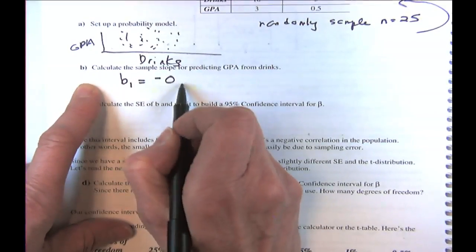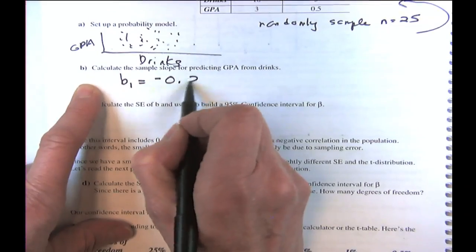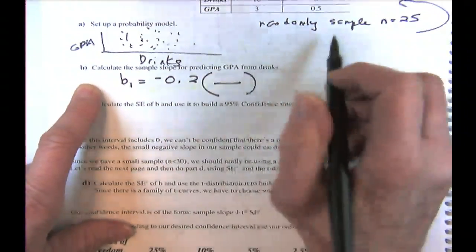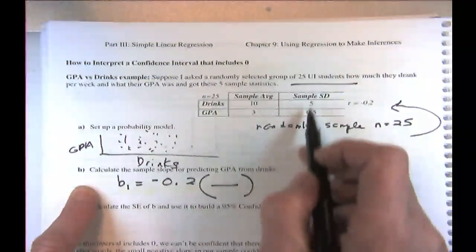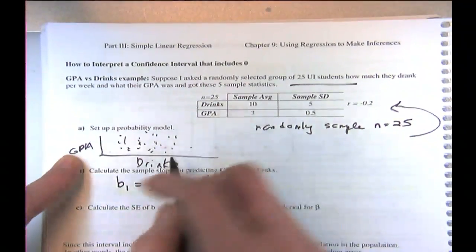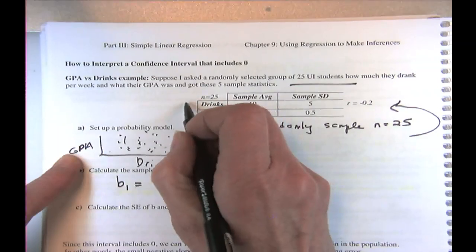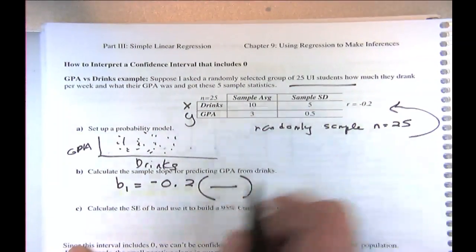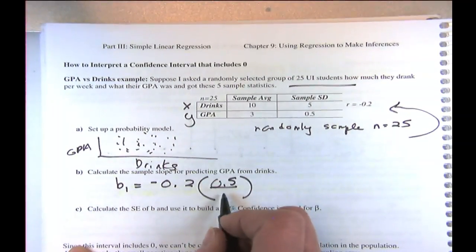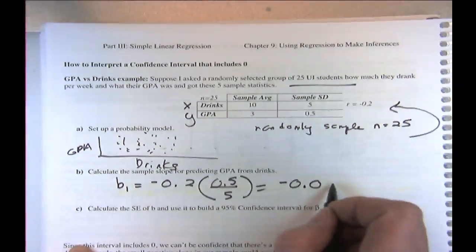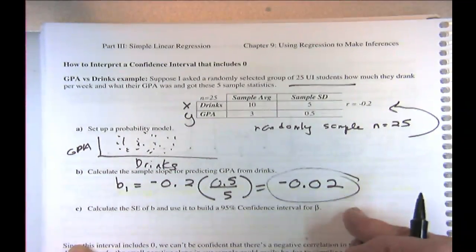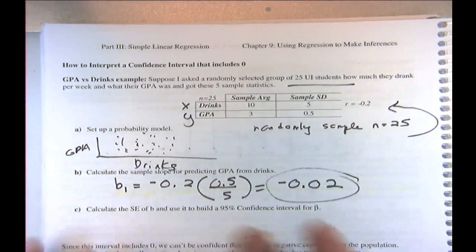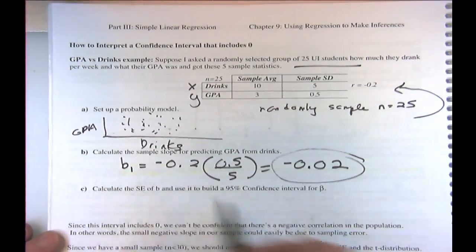R, negative 0.2, times the ratio of the sample SDs. Now we're predicting GPA from drinks, so this is Y, and this is X. So we have 0.5 over 5. So we get negative 0.02. Now it's a very small slope, but is it significant?